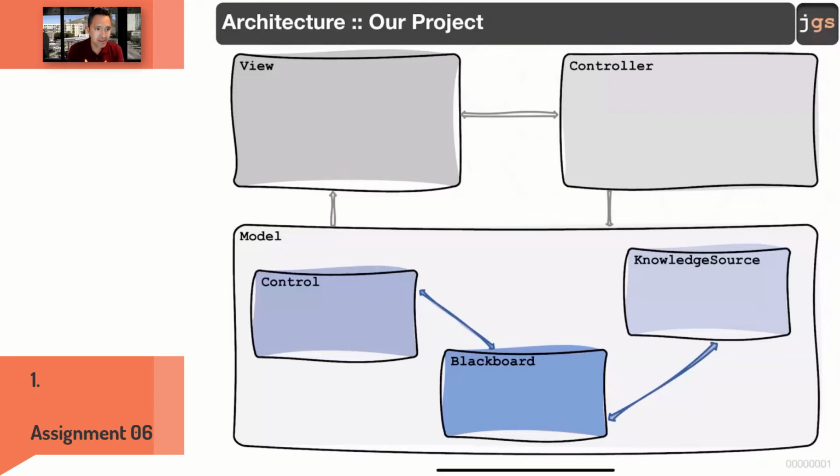Well, the model is the place in which you have everything related with the data. And what I am asking you is to use the Blackboard pattern to organize the data. Someone inserts and someone has the control, deletes or does something extra. Step number one, you are going to use the Blackboard pattern inside of the model of the system.